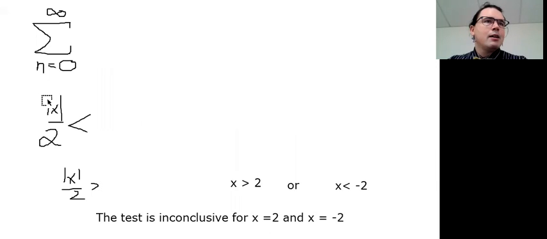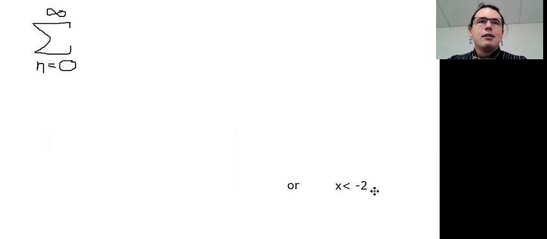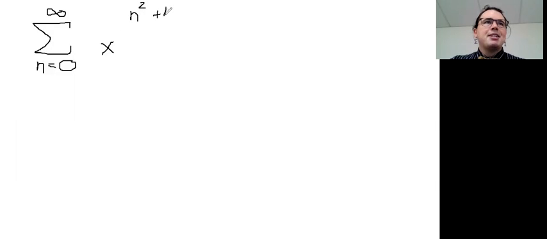Moving on. The next problem I assigned was a sum from n equals 0 to infinity, x to the power (n squared plus n), all divided by 2. So I'm taking powers of x according to this formula. Well, this time around, because I just have that number x raised to a power, I want to see if the ratio test can help me.